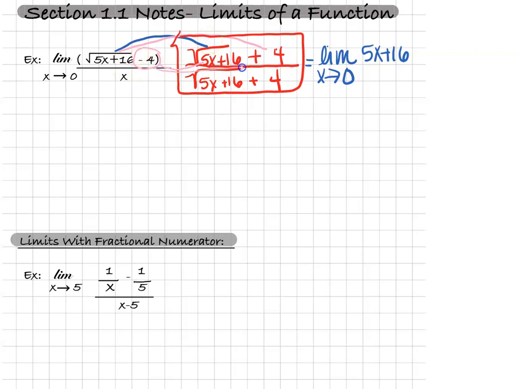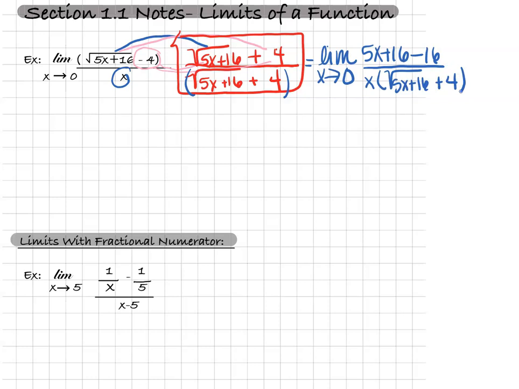Then I'm going to do -4 times +4, and that's going to give me -16 here on top, all over x times this grouping. We're just going to say x times the square root of 5x plus 16 plus 4, and I'm not going to distribute that part out.